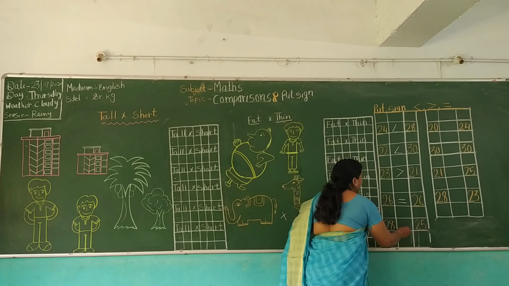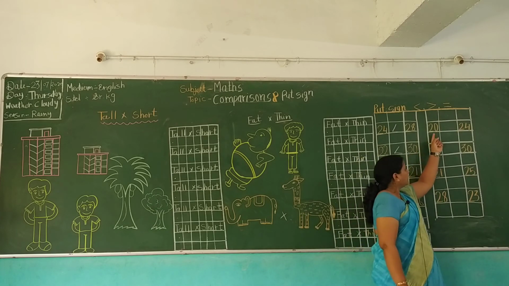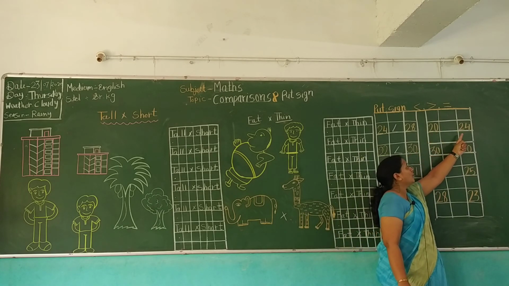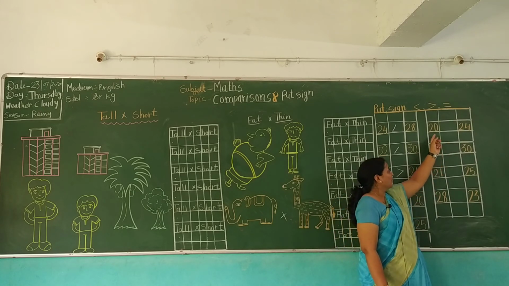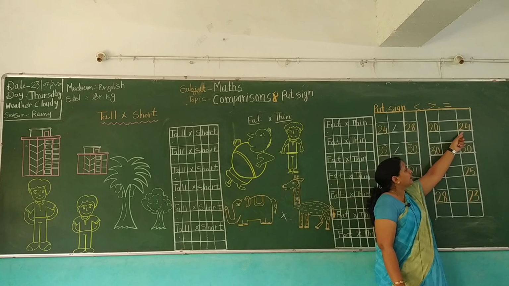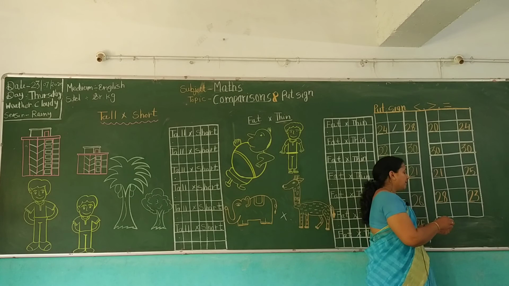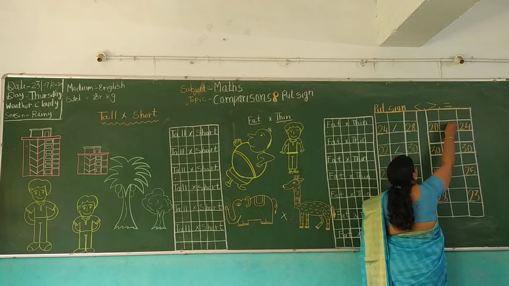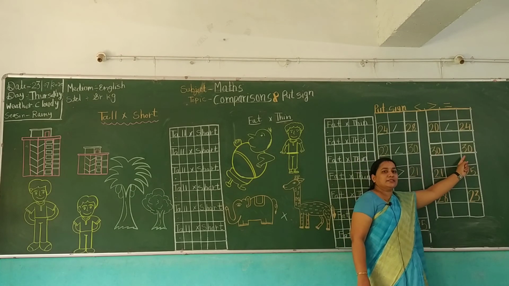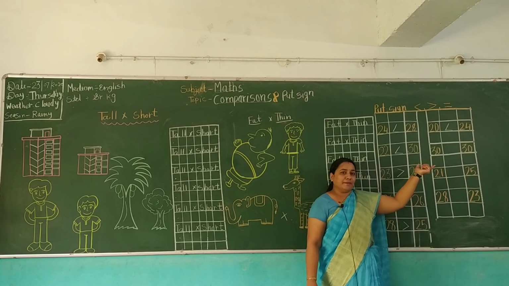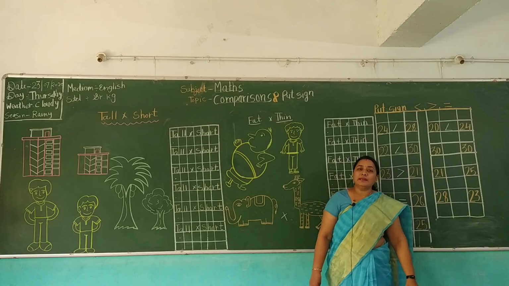So we put greater than. Now that side, 20 and 24. Which number is bigger, 20 or 24? 24 is bigger. So we put the sign. Then children, 30 and 30. They are the same number, equal number. So we put equal here.